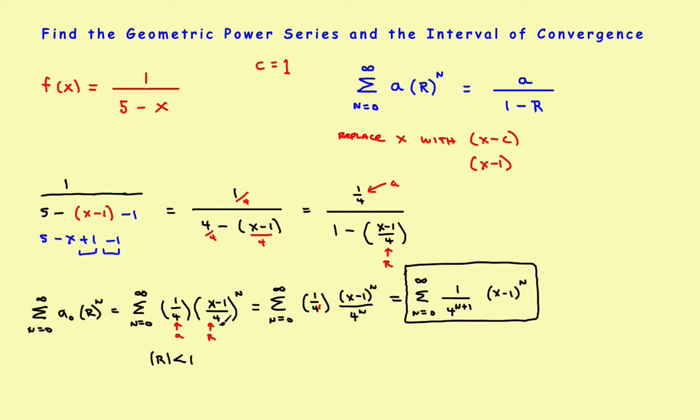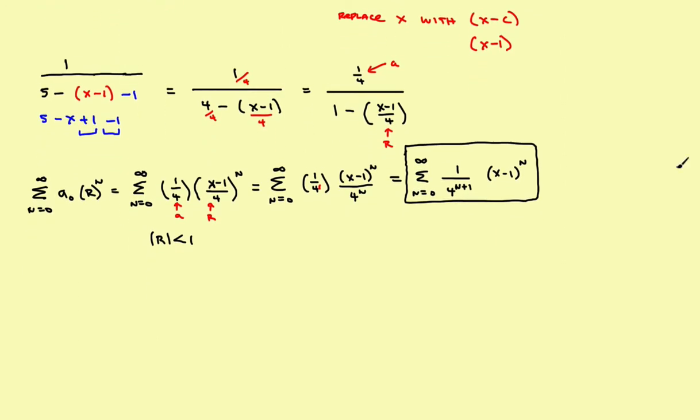So that's going to be r right there. So as I work this out, this is going to be the absolute value of, and in place of r, put (x minus 1) divided by 4, the absolute value of this has to be less than 1.